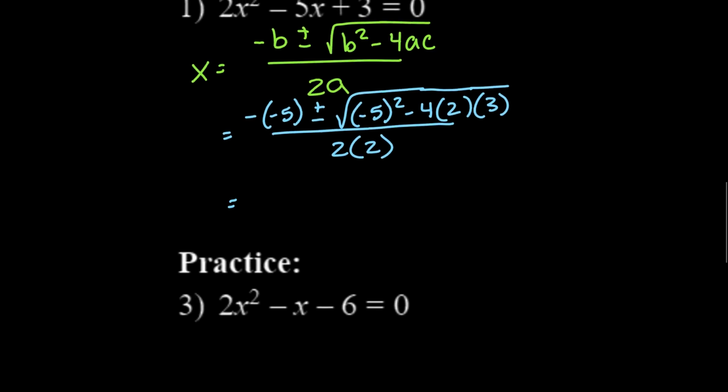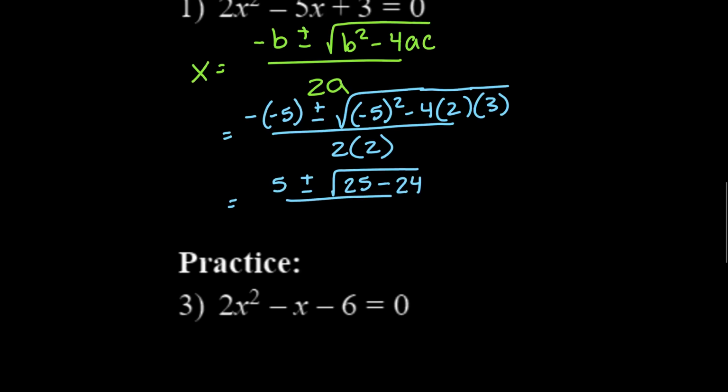So negative negative 5 is the same thing as positive 5, plus or minus 5 squared is what? Negative 4 times 2 times 3 is negative 24.